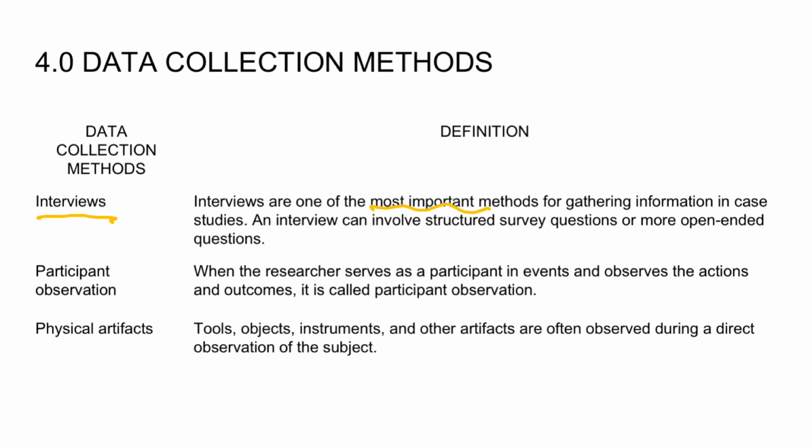Interviews are one of the most important methods for gathering information in case studies. I think it's very important as a collection method. Number five, participant observation. And number six is physical artifacts.